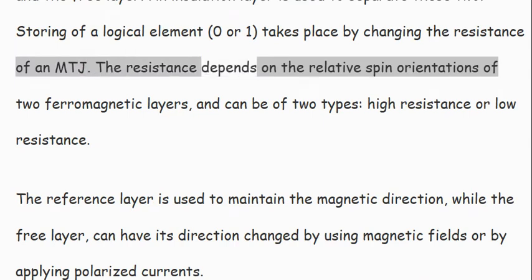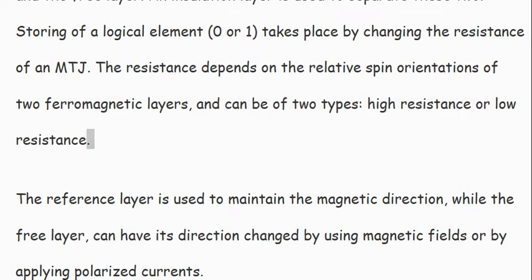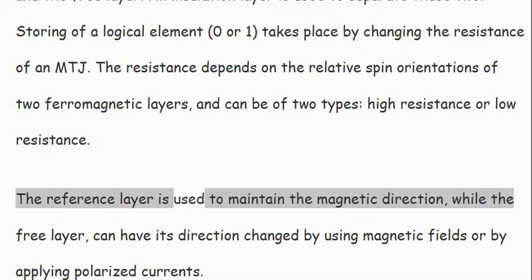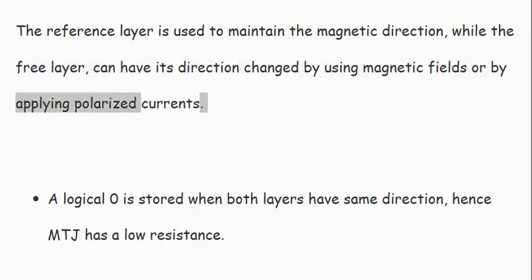The resistance depends on the relative spin orientations of the 2 ferromagnetic layers and can be of 2 types, high resistance or low resistance. The reference layer is used to maintain the magnetic direction, while the free layer can have its direction changed by using magnetic fields or by applying polarized currents.